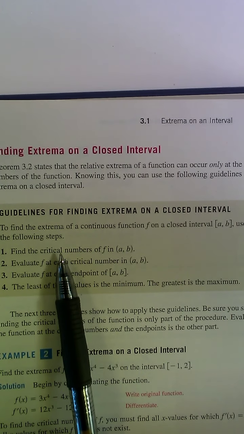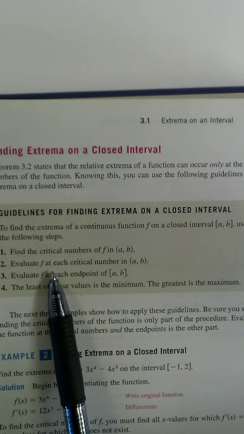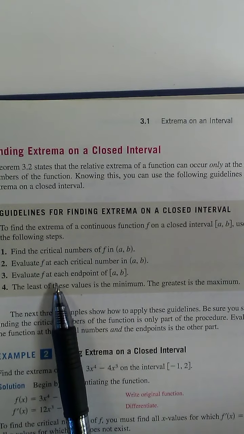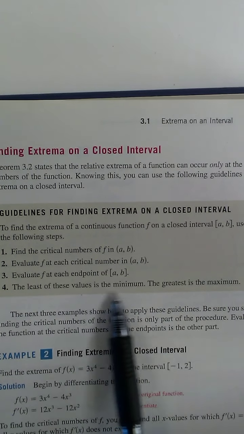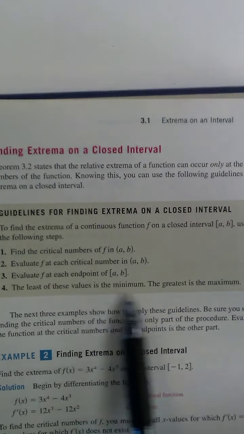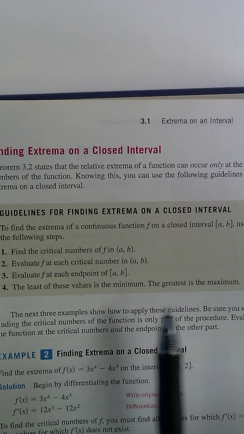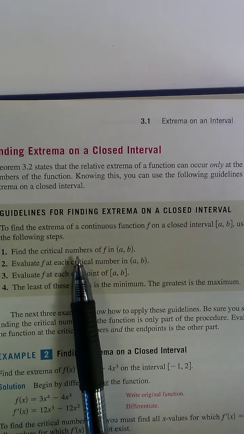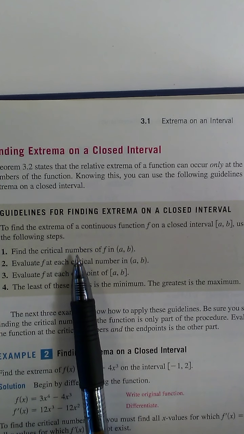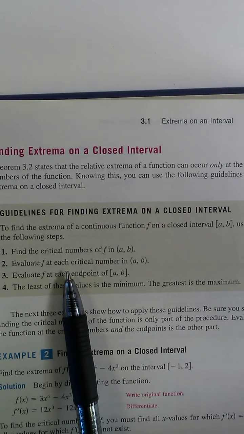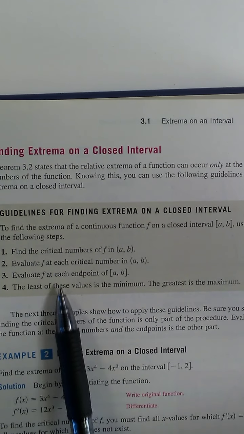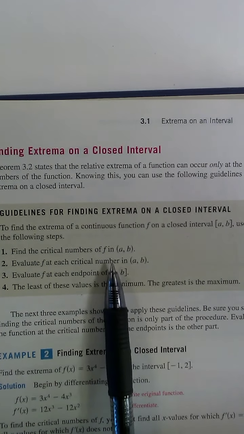Right? Then we're going to plug in each number, check the endpoints, and see which ones are max or mins. So basically it comes down to finding the derivative, setting it equal to 0, finding where it's undefined, and using those values to determine if we have max or mins or not. Right? And to do that, we are going to make what is known as the first derivative table.